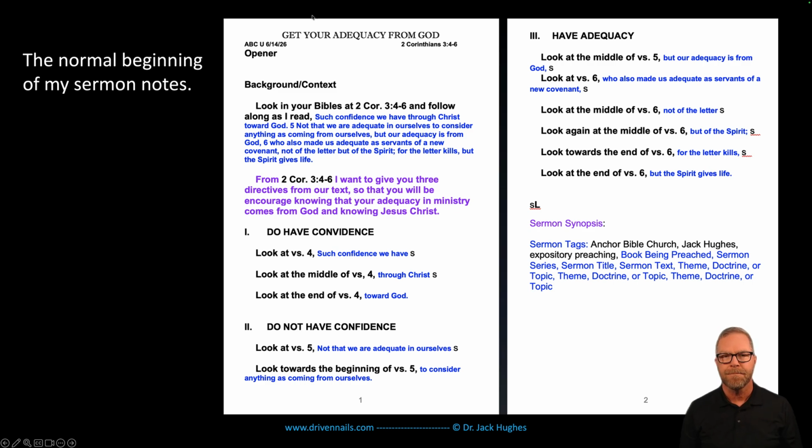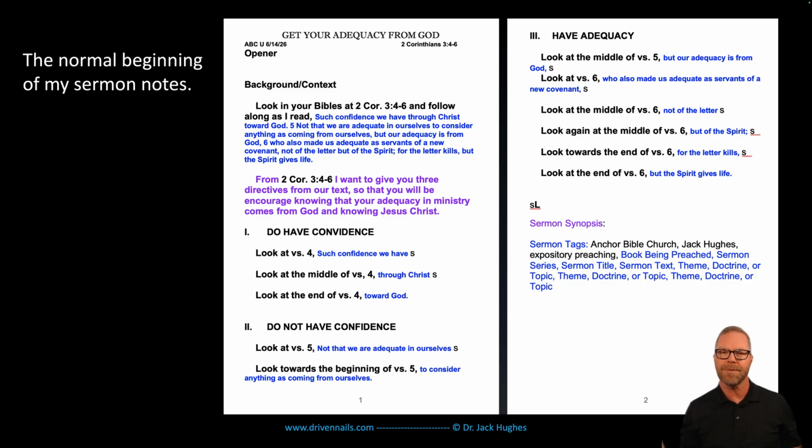And that's why this phrase here, I could have titled this, Get Adequacy from God. And that word get implies you need to get adequacy from God. But I just made it more clear, more personal, get your adequacy from God, so people know that this sermon, talk, or devotion is about getting your adequacy from God, right?